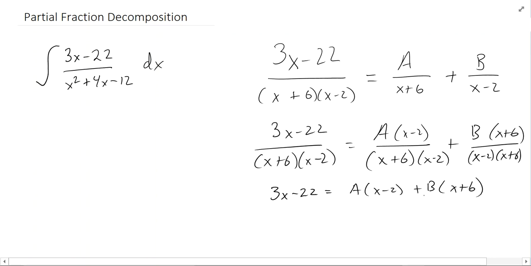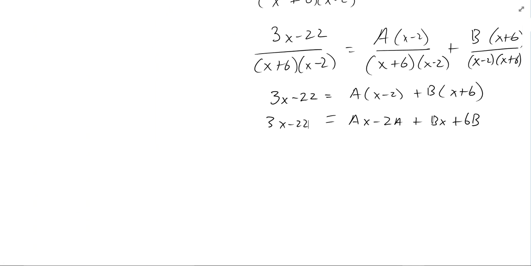The way I like to think about this is I then continue to multiply those out. I'll have ax minus 2a plus bx plus 6b, and that's equal to 3x minus 22. So what I have are two polynomials.